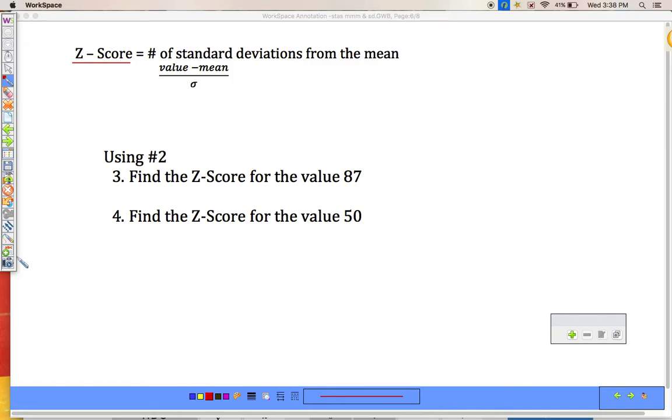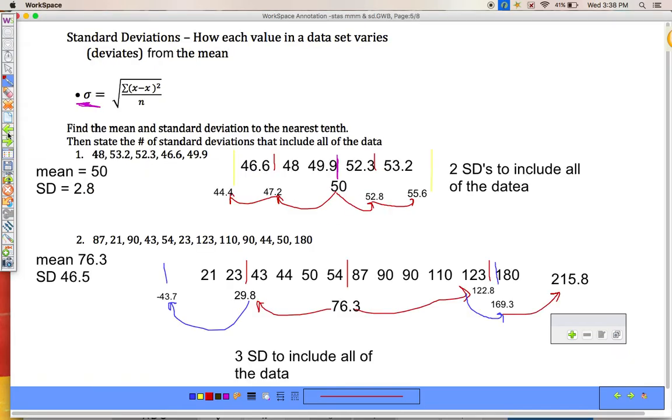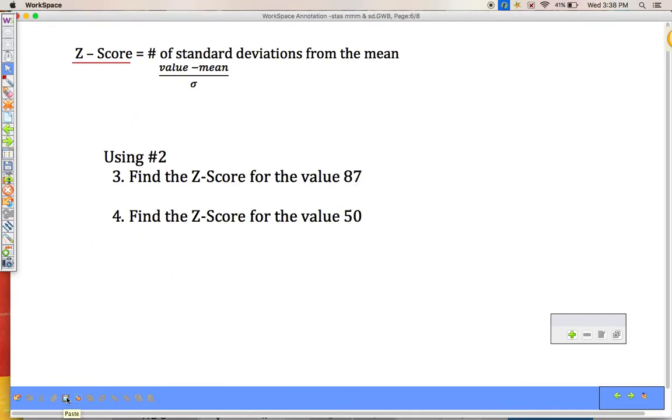So what we're going to do, we're going to use the numbers from number 2. Where's number 2? All right, so I'm going to use these values. For number 2, my mean is 76.3, my standard deviation is 46.5. I want to know the z-score of the value 87.